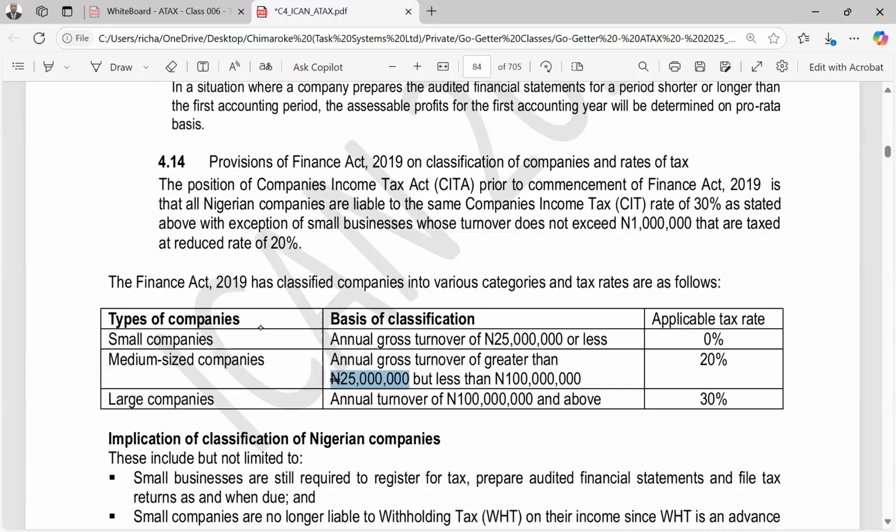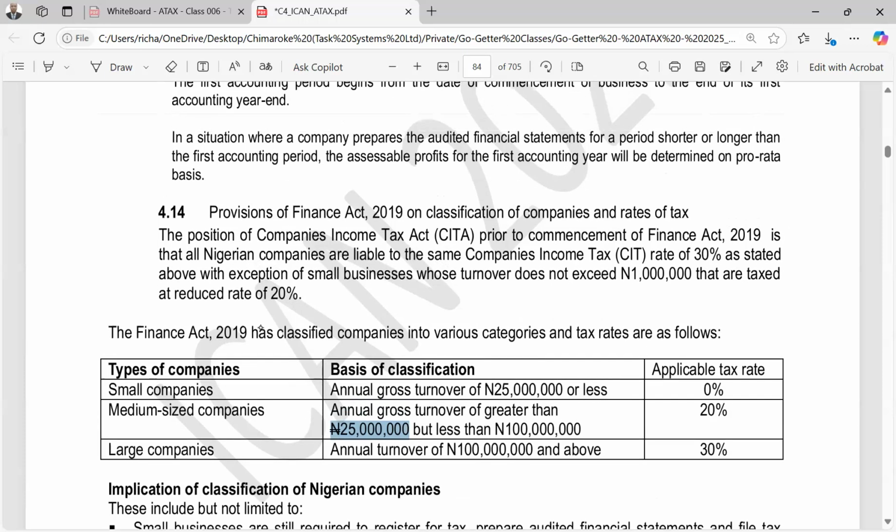Okay. Now, Finance Act, provision of Finance Act on classification of companies and tax rates. The position of company income tax prior to the commencement of Finance Act is that all companies are liable to the same company income tax of 30%, with the exemption of small businesses. And small businesses are businesses whose turnover does not exceed 1 million naira.